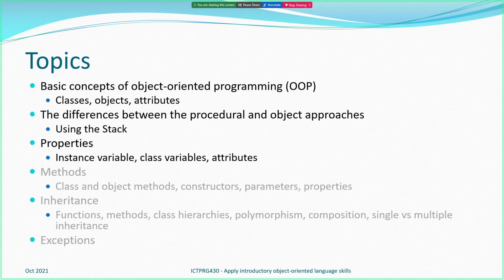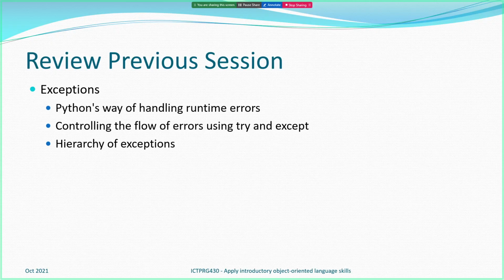In the next part, we'll cover methods, inheritance and exceptions. Again, these are fairly large chapters, so we've broken it up in the parts. And in the last session we covered basic exceptions, the way we can handle them, the types of errors, and using the try and except branch methods to handle exceptions so that the program doesn't terminate.